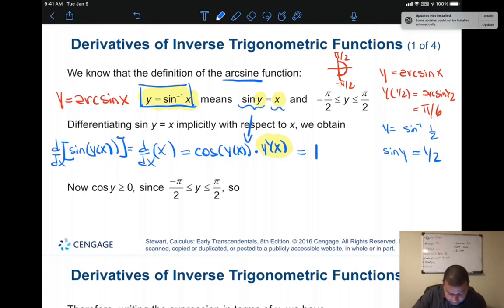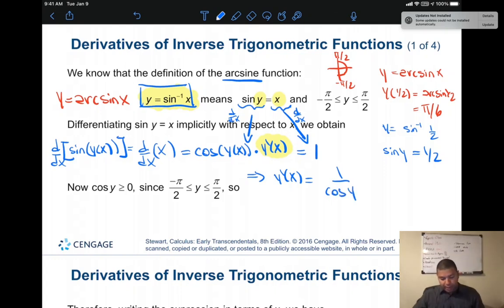The derivative of this is this. Okay, I want to find that though. So that's going to give me y prime of x equals 1 over the cosine of y, of my angle.